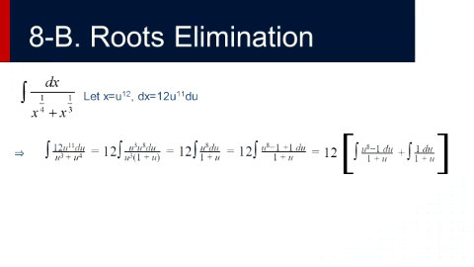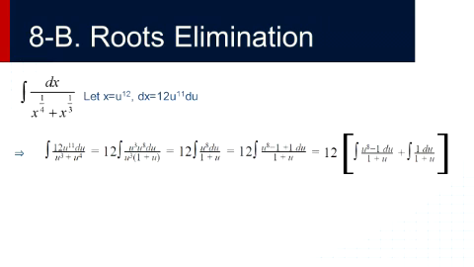We'll let x equal u raised to the power of 12, then dx will be 12u raised to the power of 11 du. When we substitute this in, we'll get the integral of 12u raised to the power of 11 over u cubed plus u to the 4 du.